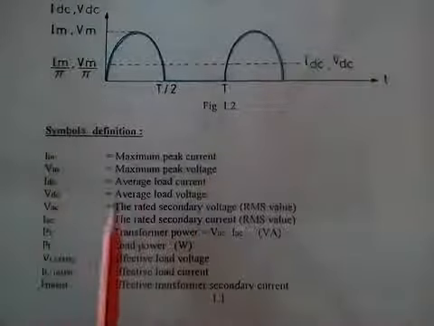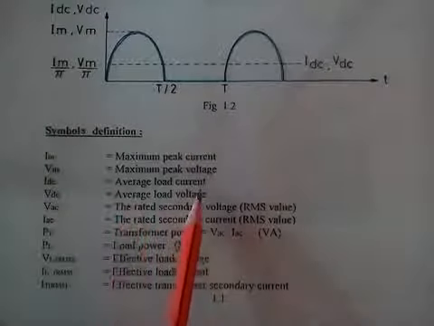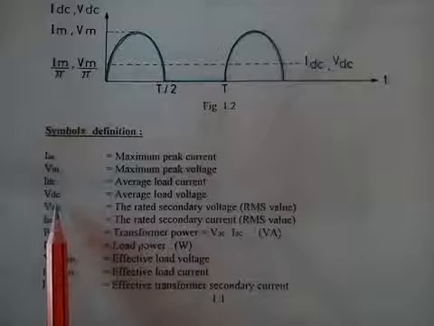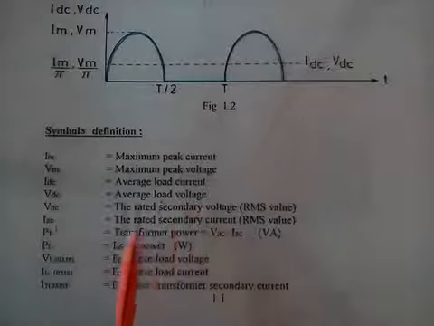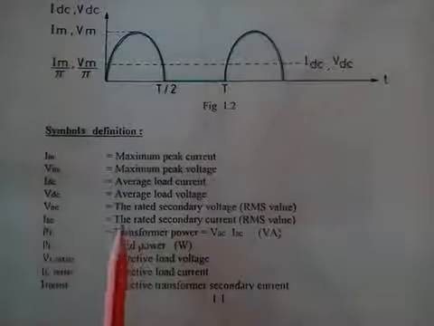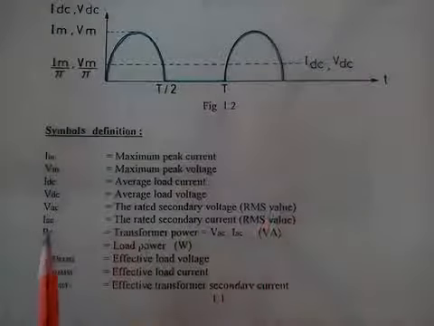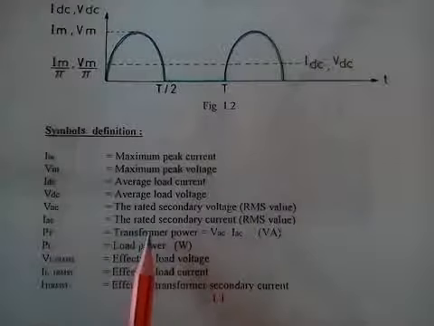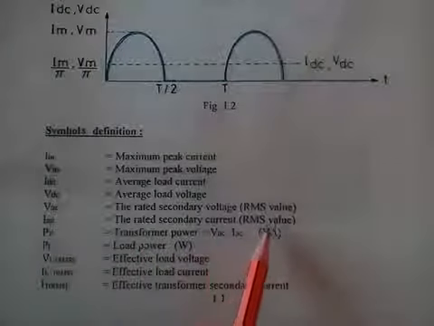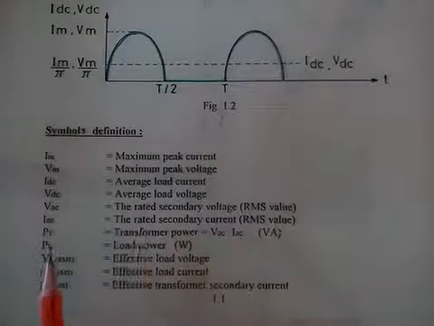You have that IDC, it equals the average load current. You have the VDC, it's the average load voltage. You have the VAC, the rated secondary voltage. That's an RMS, and that's what's written in the transformer. You have the IAC, the rated secondary current. It's an RMS value, and what's written in the transformer.